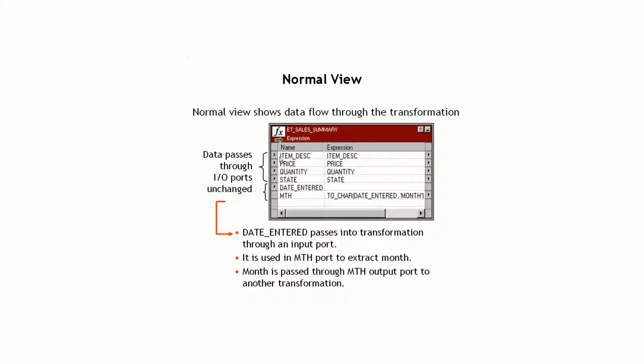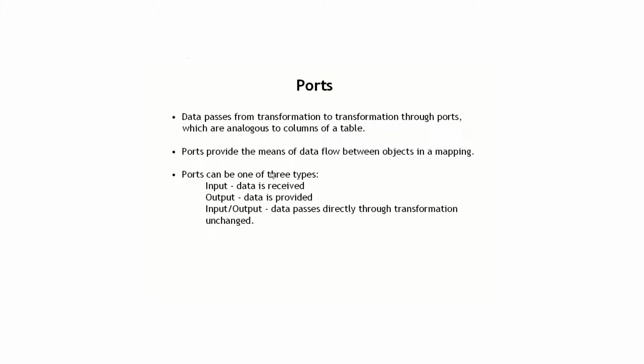In this example, item description is coming in, price is coming in, quantity coming in and going out, state is coming in and going out, so they are input-output ports. If you want to change the data, then you make the port an output port only, then you write the formula. How to do it? That's what we are going to do.